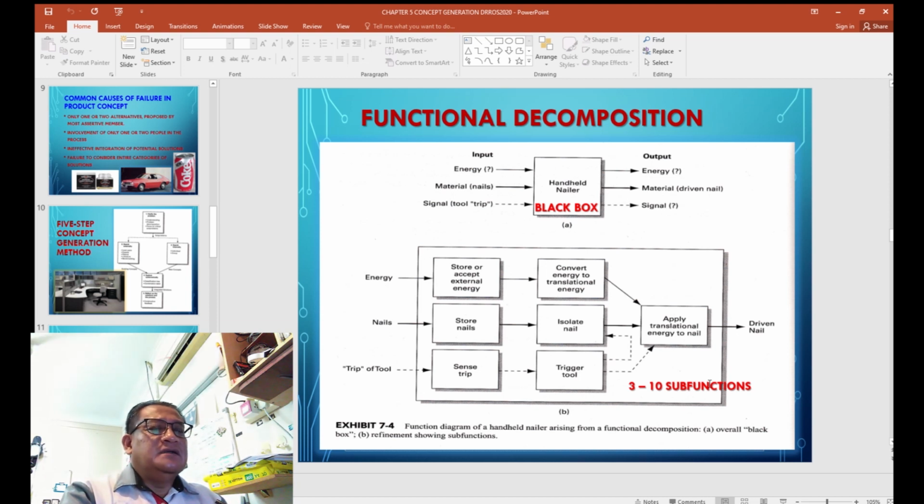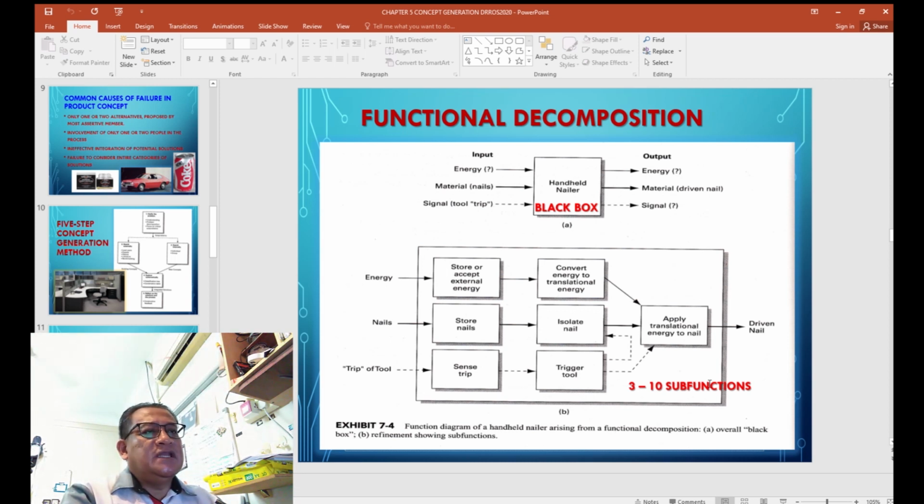For example, for the energy to push the nail down, you need to have a form of energy that could store or accept the external force. For example, in the form of a spring or any form of energy storage, right? And then you need to convert the energy from, for example, the electric energy towards motion energy.